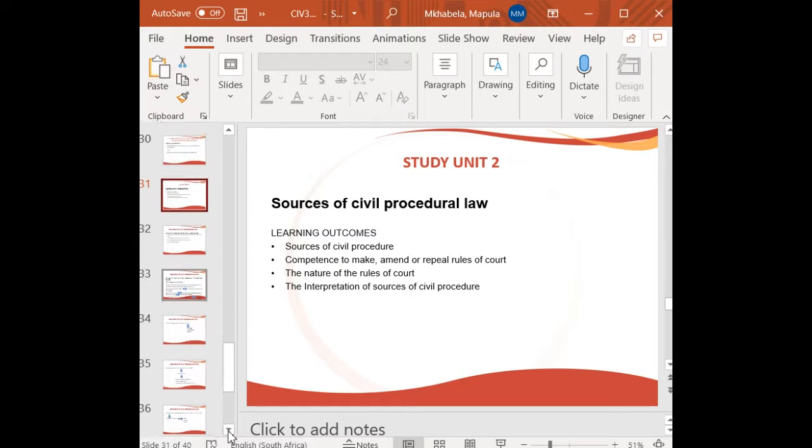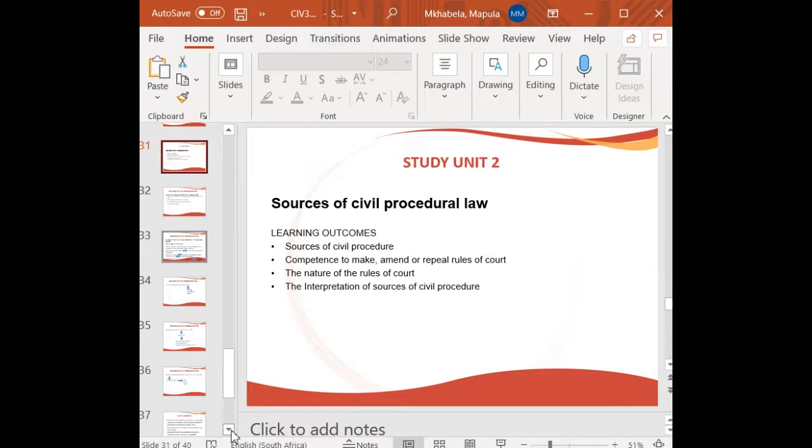Moving along to study unit 2. The learning outcomes are that after studying this study unit, you should be able to explain the main statutes that are sources of civil procedure for the purpose of this module.